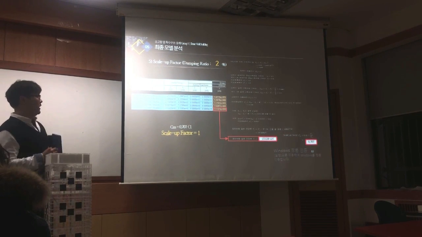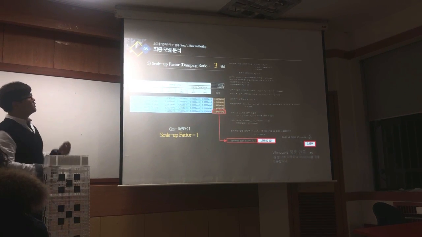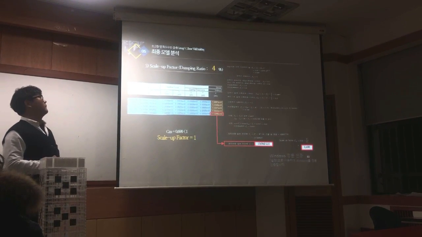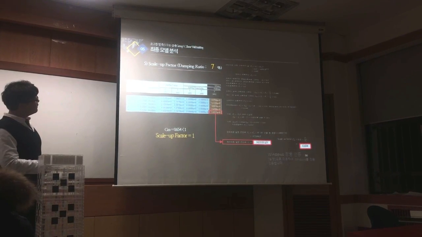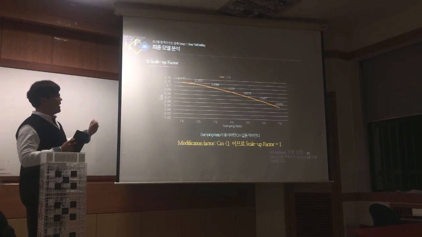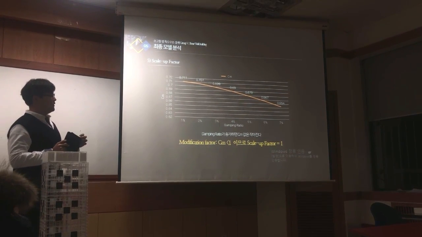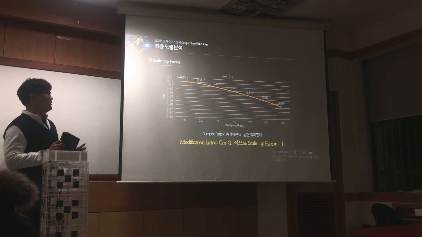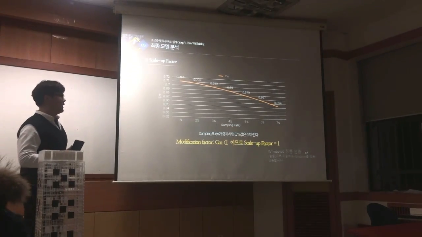And again, it becomes the scale-up factor equals 1. Next, please. So let's just do all the same calculation that we did. Okay. So this is a graph that even though damping ratio increases, the Cm decreases. So Cm was always less than 1, so we can assume that scale factor is 1.